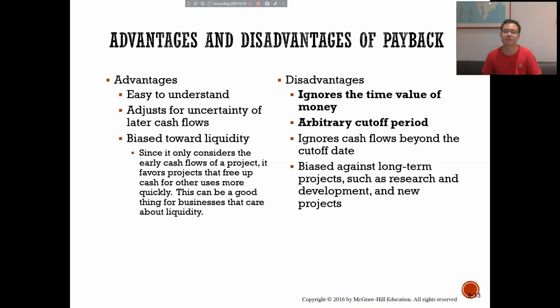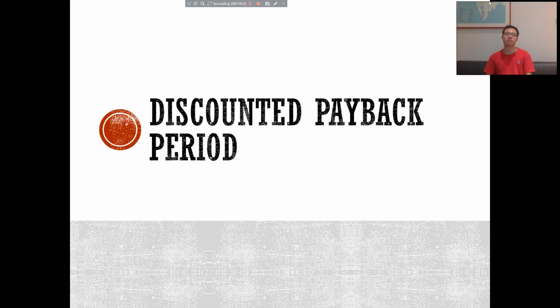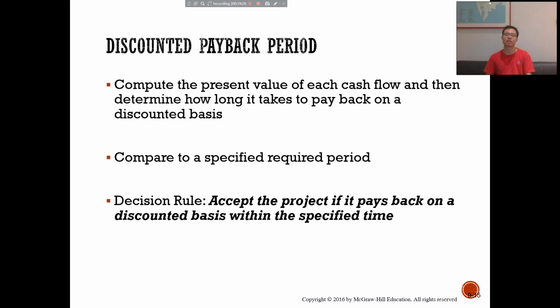To correct for the disadvantage of payback period that ignores the time value of money, there is another method, the discounted payback period, that corrects this problem. So this method computes the present value of each cash flow and then determines how long it takes to pay back on a discounted basis.